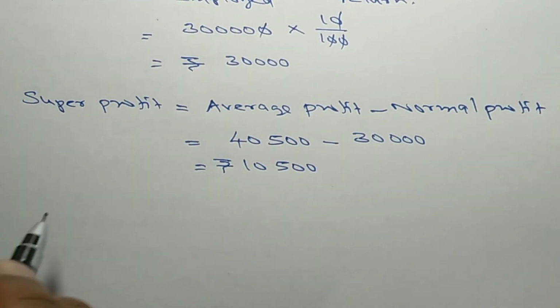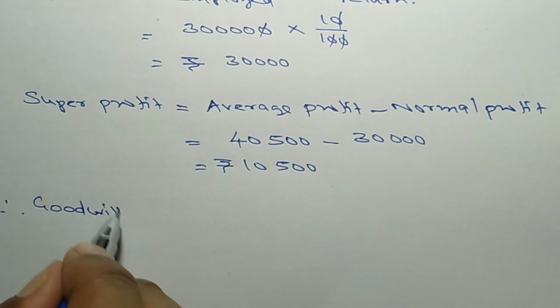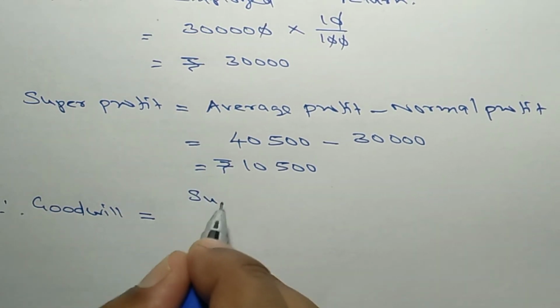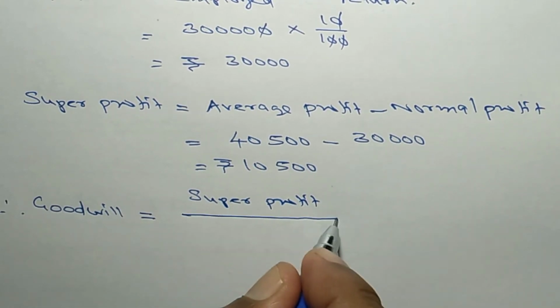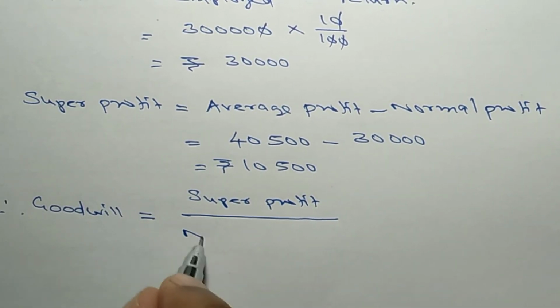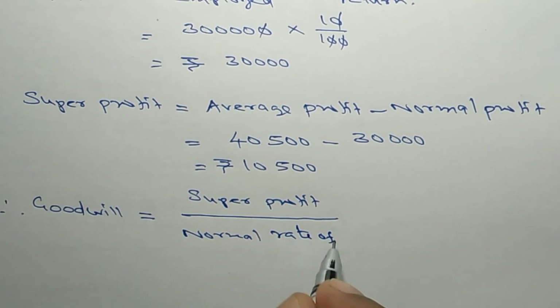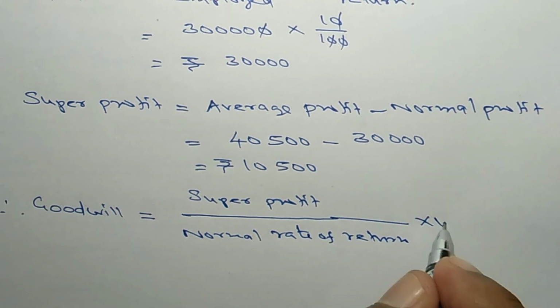Now you can find out goodwill. It is the capitalization of super profit method. So the formula is super profit divided by normal rate of return into 100.